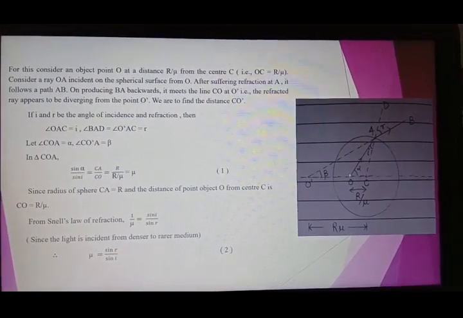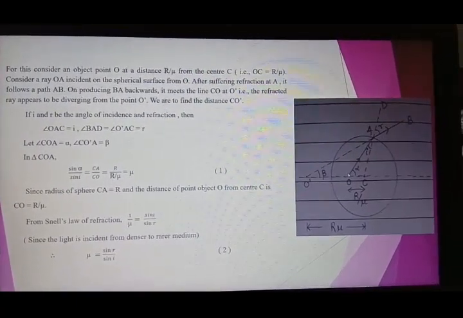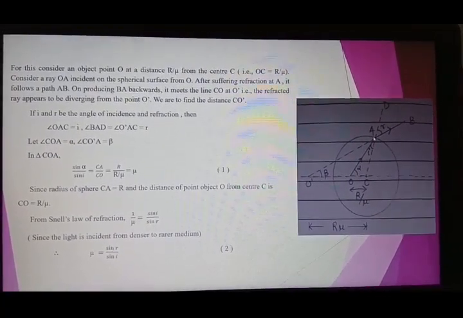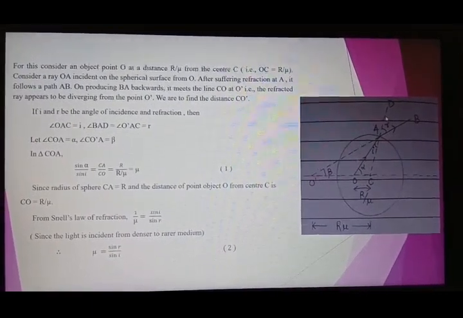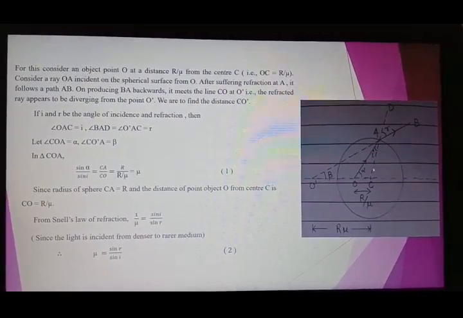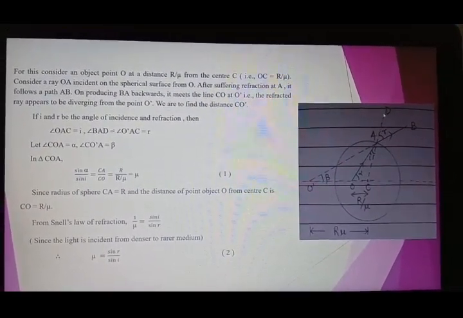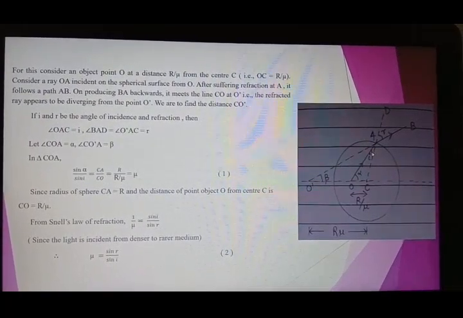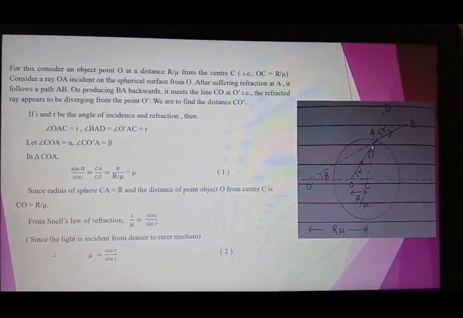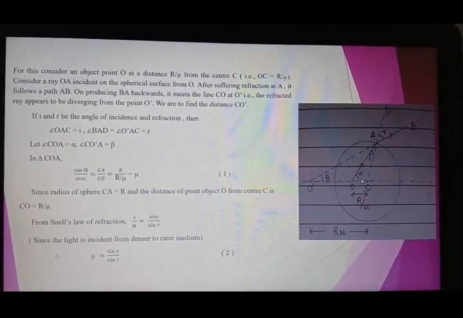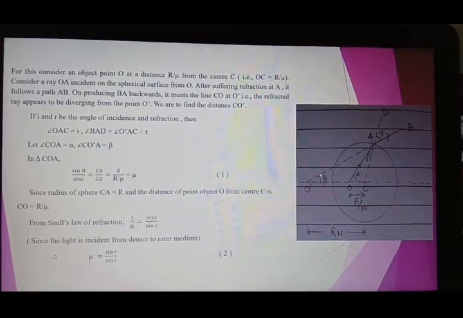A ray of light from O is incident on the surface at A and after refraction follows the path AB. This is perpendicular, so this angle is the angle of refraction and this angle is the angle of incidence, because this is the incident ray, and this angle is alpha, this angle is beta.